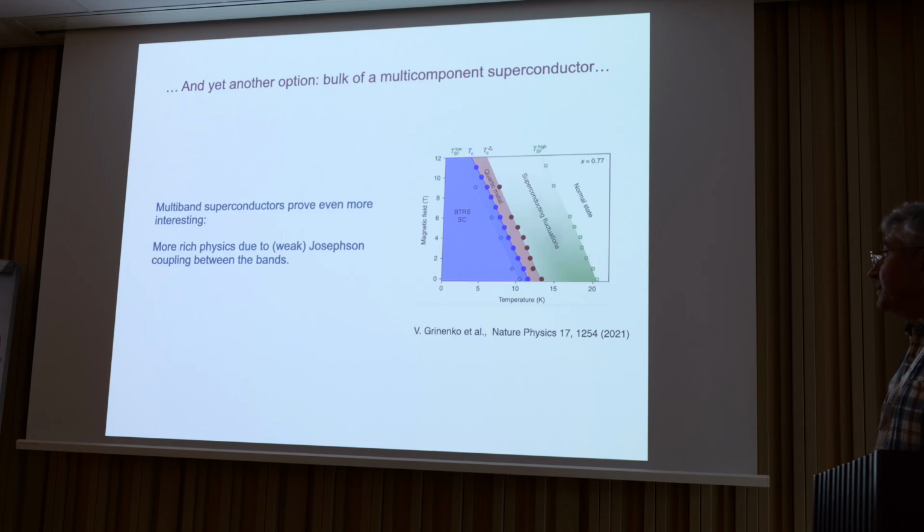So this is yet another very important scenario, and as I said, if we add weak enough Josephson couplings, we can still think of the bulk of a multi-component superconductor in terms of counterflow superfluid. So yet another scenario very relevant to this experiment.